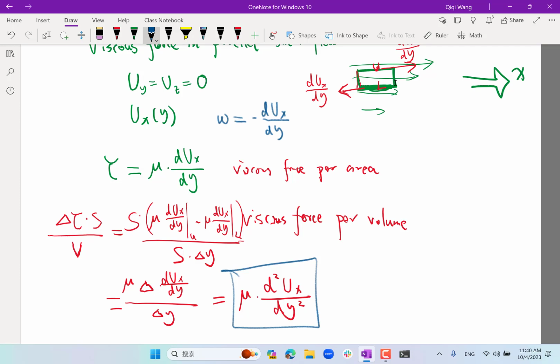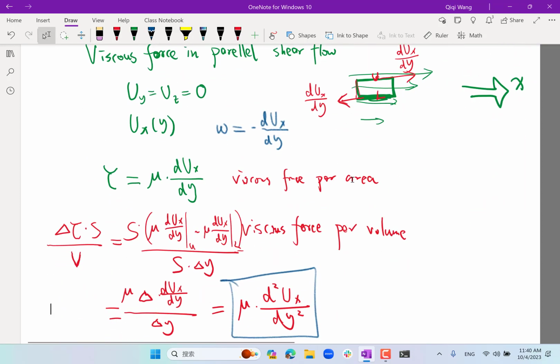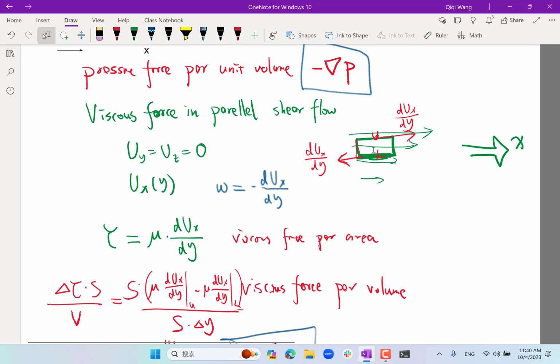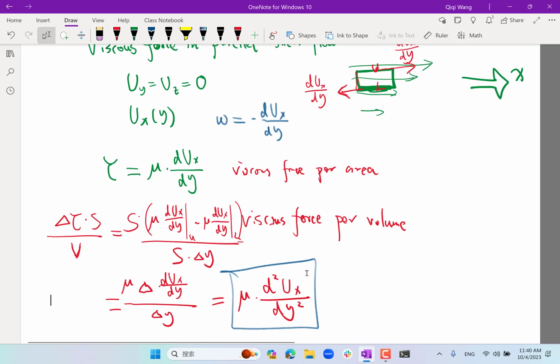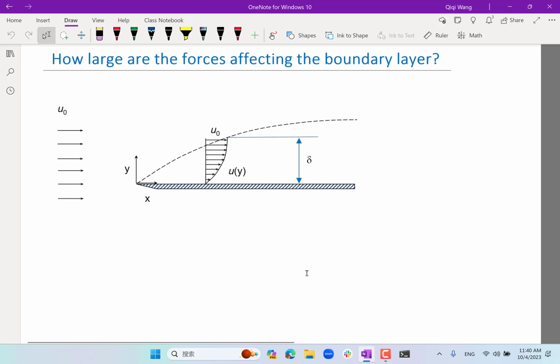And try to figure out the relative magnitude of these two forces, and in what condition would the pressure force be much greater than viscous force, and in what condition would the viscous force be much greater than pressure force.